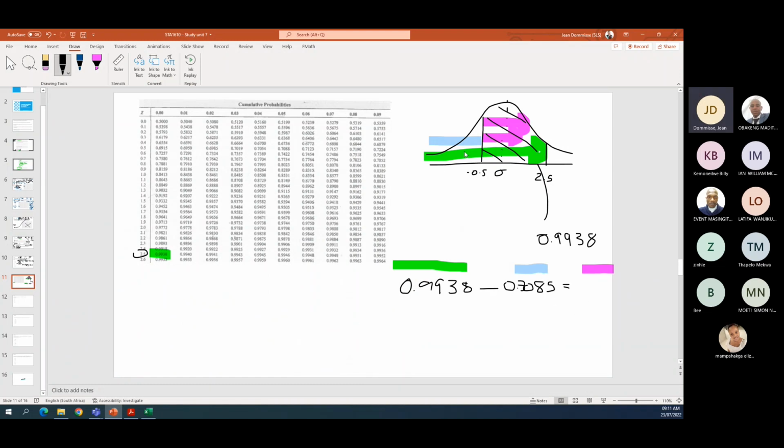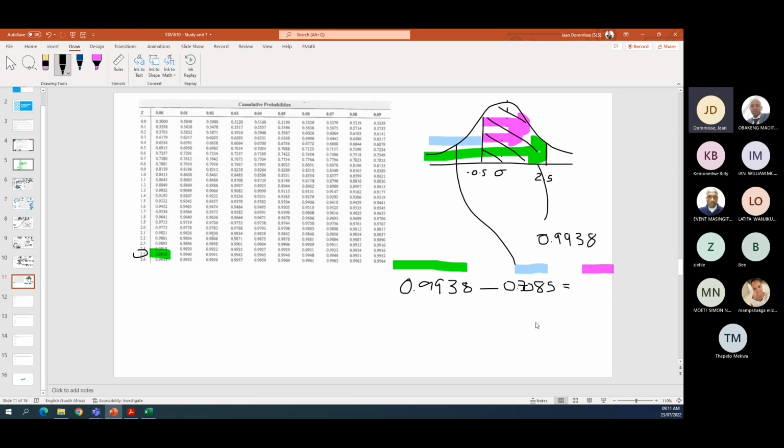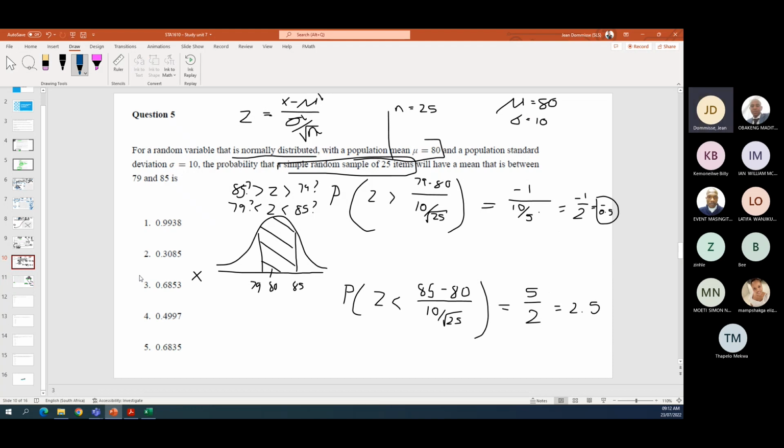To get the answer, we say the bigger area, 0.9938, minus 0.3085, and that gives us an answer of 0.6853. Let's look at the options: 0.6853.